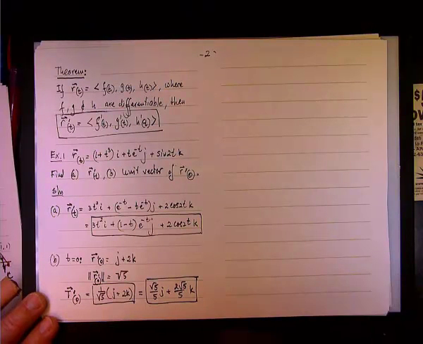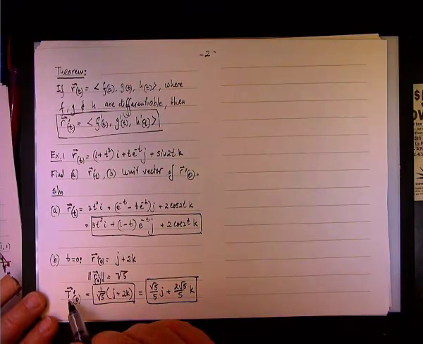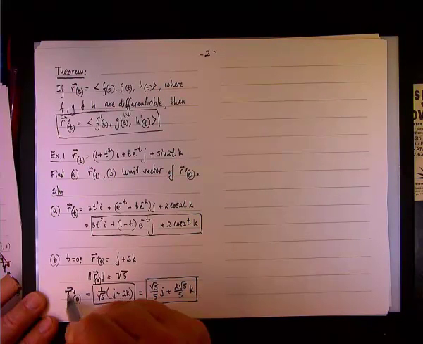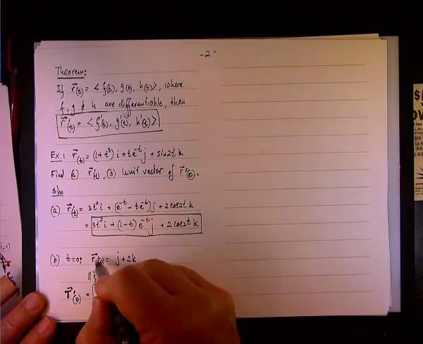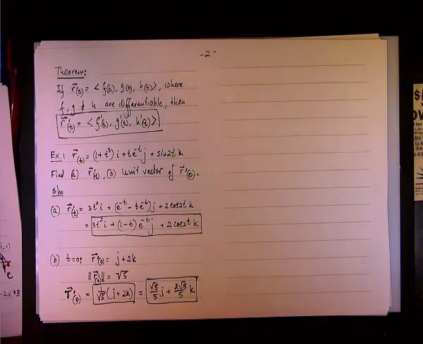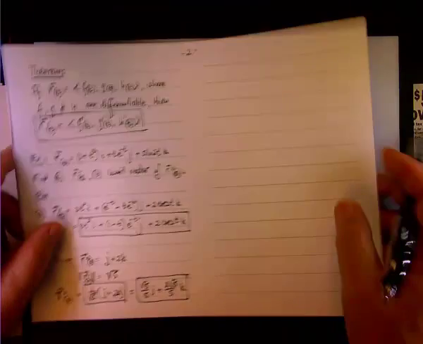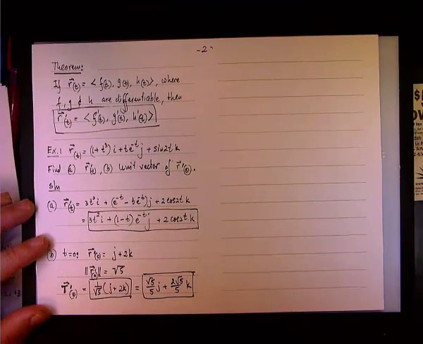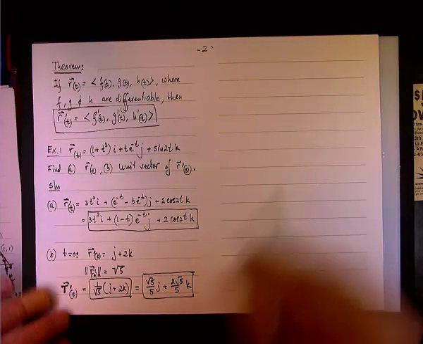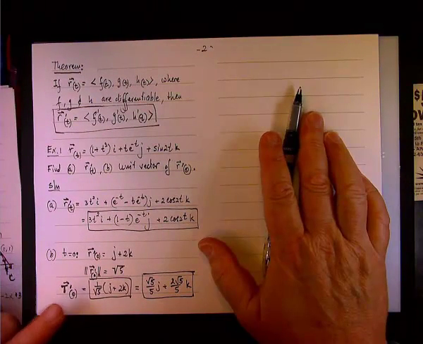Is that prime or is that just the regular T? This is the unit vector of r that corresponds to r prime. So do you put that prime sign in? Yeah, I would. This is actually a good question.